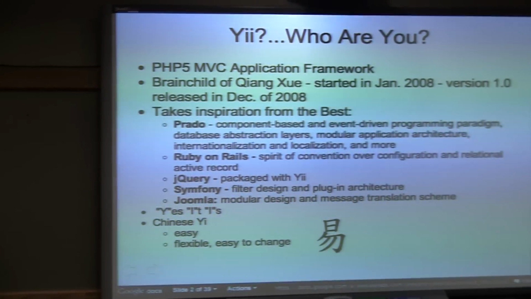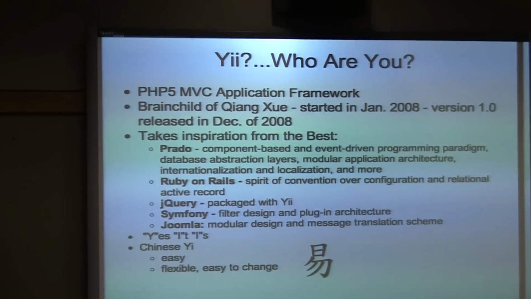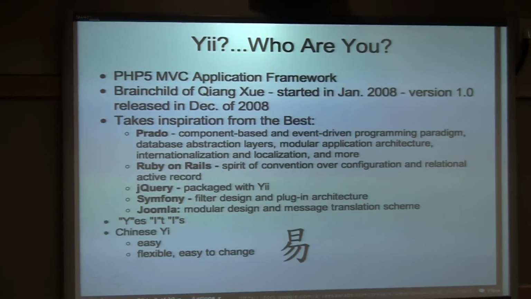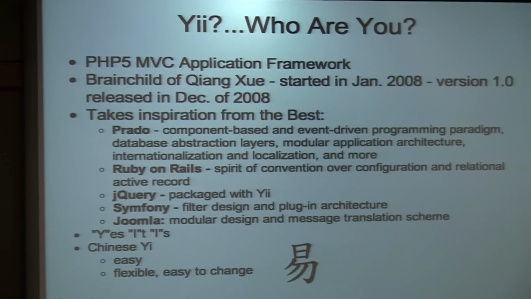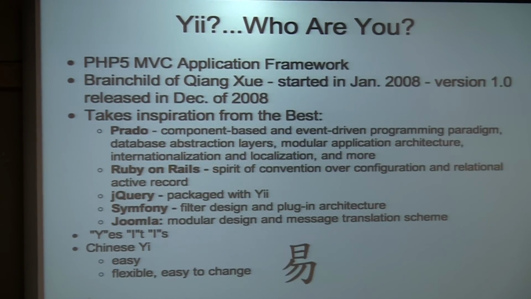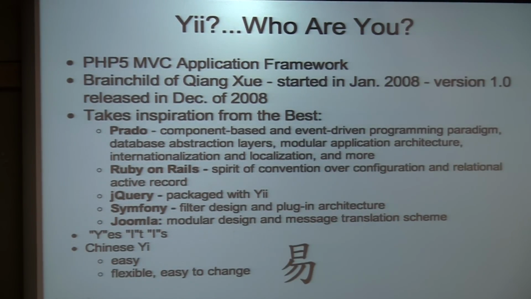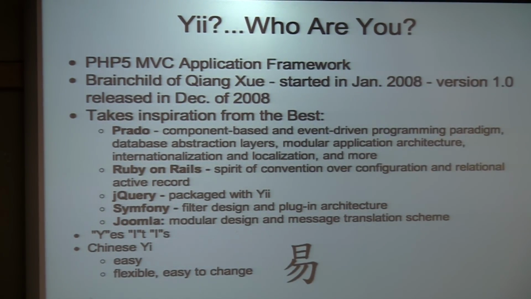So I just wanted to give a quick 10,000-foot view of what I'll call Yii, but we'll get down to those last bullet points, and it's really got a couple different pronunciations. So it's a PHP 5 MVC framework, nothing special or unique necessarily about that. You've probably seen those. We've talked about those in this series, and we'll continue to. The brainchild of Chang Shui that started this in 2008.